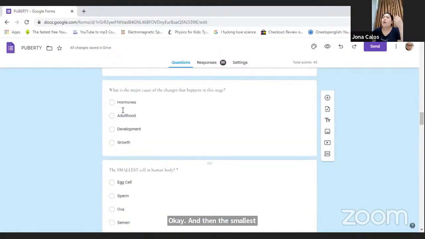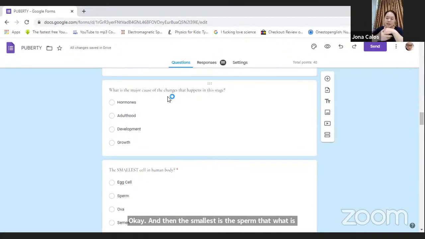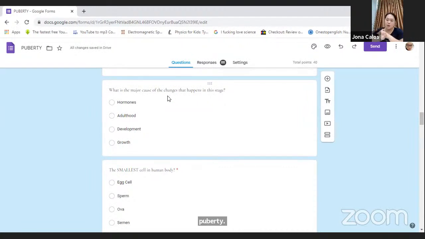Okay. Then what is the major cause of the changes that happen in puberty? Hormones, adulthood, development, or growth? Anyone? Okay, so again, I mentioned hormones.